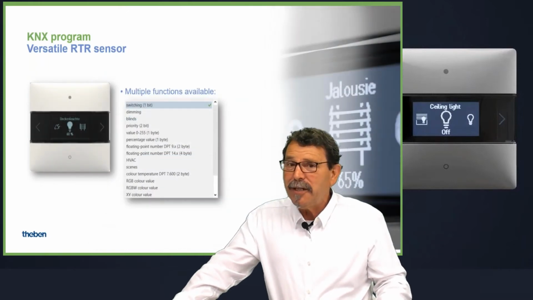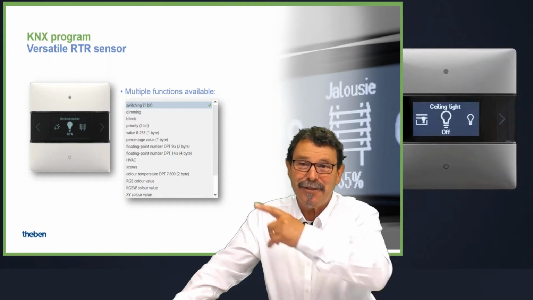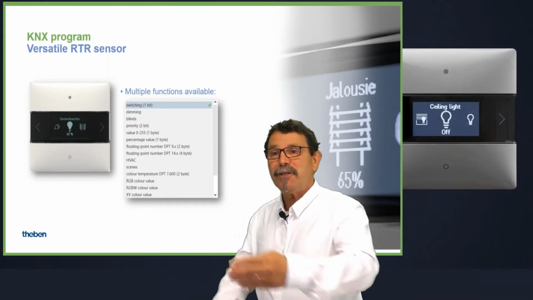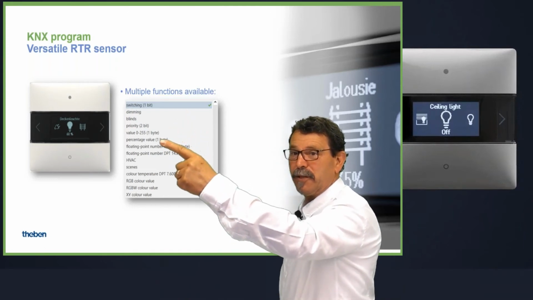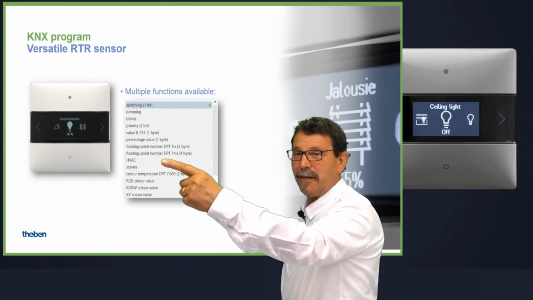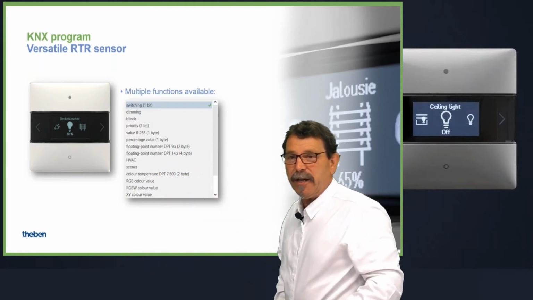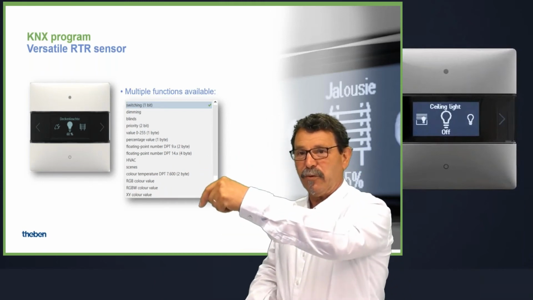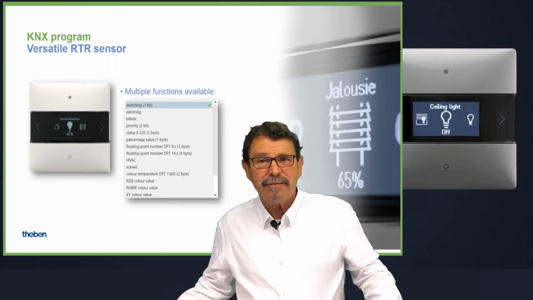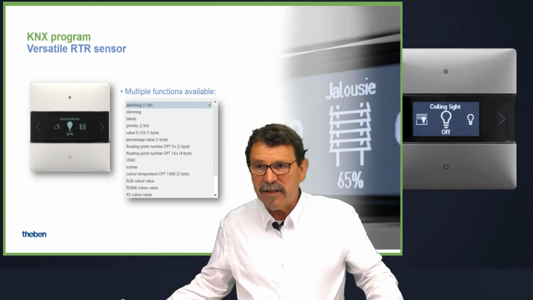In regard of the huge variety of applications, you discover here some. So we talk about switching, dimming, blinds, priority, value, percentage value, floating point numbers, and so on, down to XY color value, plus, you can scroll down further, plus visualization of values, carbon dioxide percentage, and whatnot.